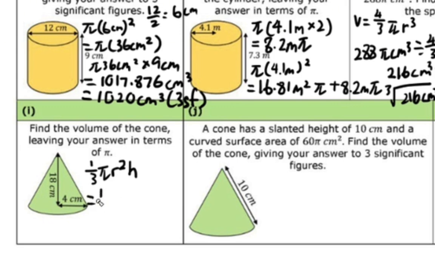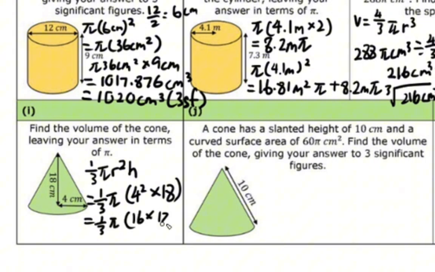Which we will get 1 over 3 pi 4 squared times 18, since 18 is the height. And it will be 1 over 3 pi 16 times 18, and our answer will be 1 over 3 pi 288 cm cubed, sorry, cm squared.